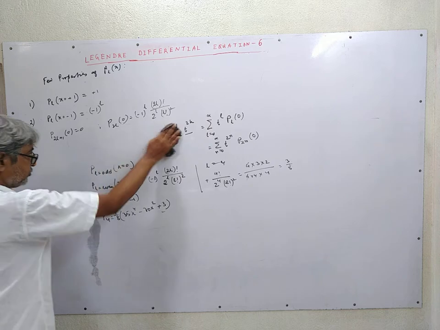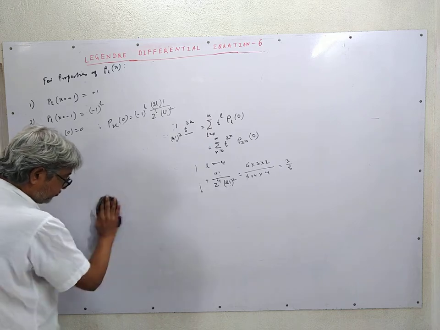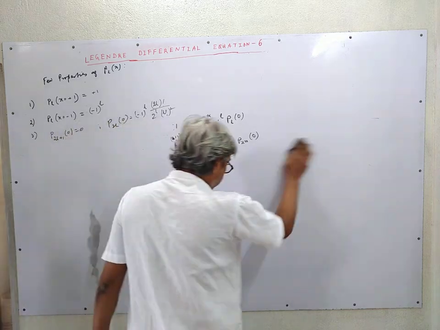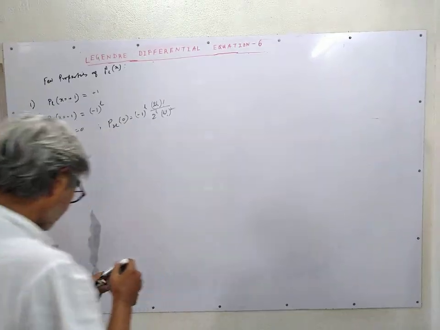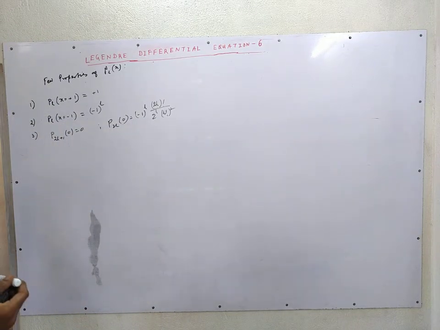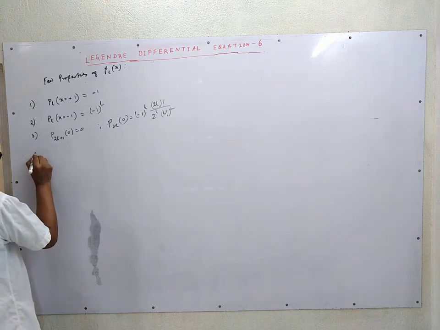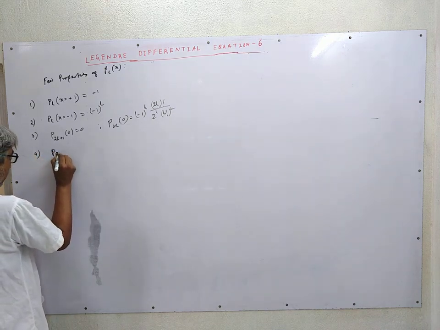Now come to the parity of the Legendre polynomial. We have earlier seen that the Legendre polynomials of even order are even functions of x, while those of odd order are odd functions of x. So it has a definite parity.